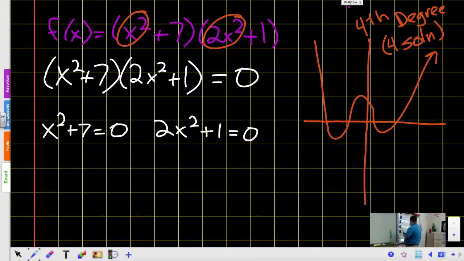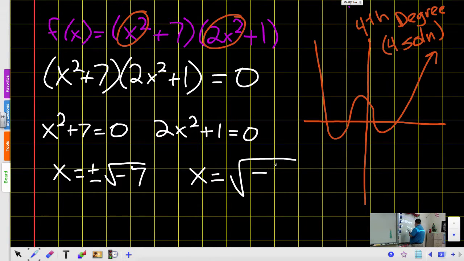And so when I solve that, I get x is equal to plus or minus the square root of negative 7. Right? And then over here, I get x is equal to plus or minus the square root of negative 1 over 2. Right? And so what does that tell us?